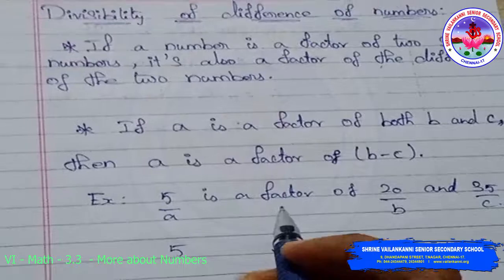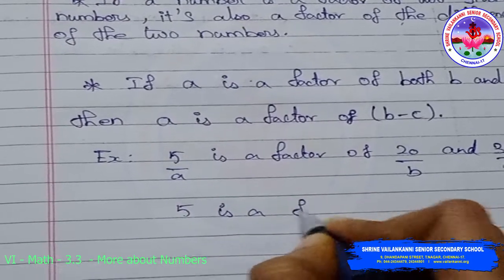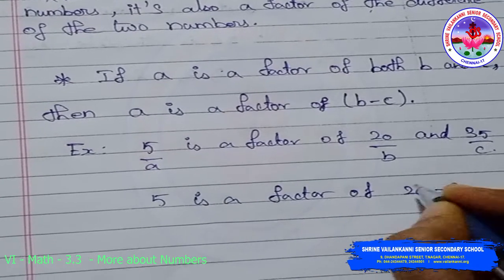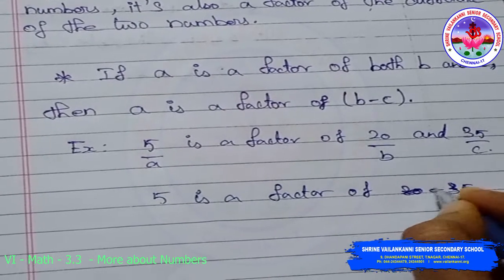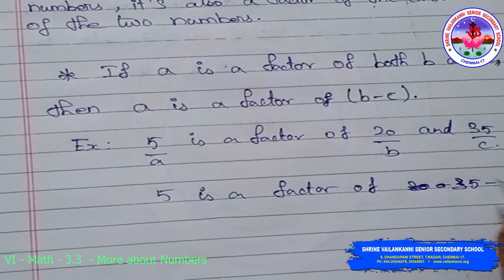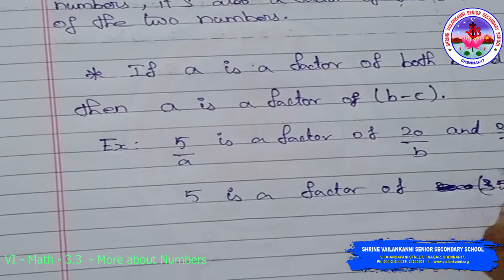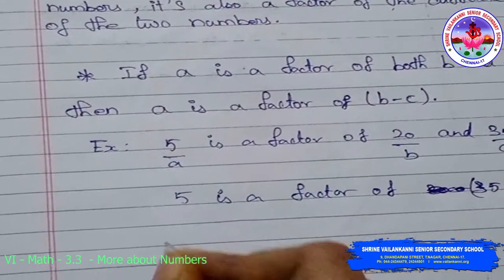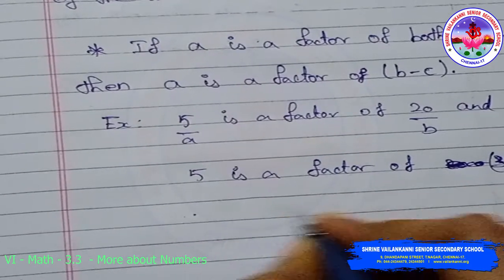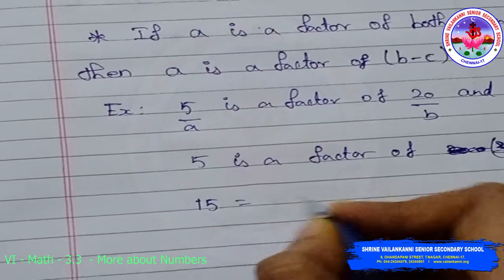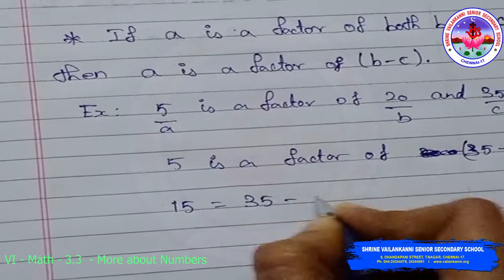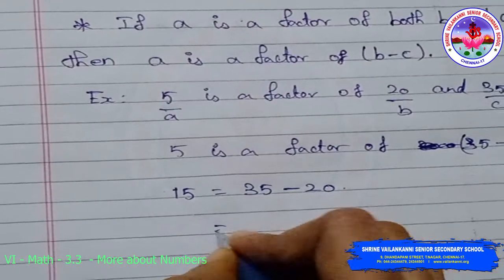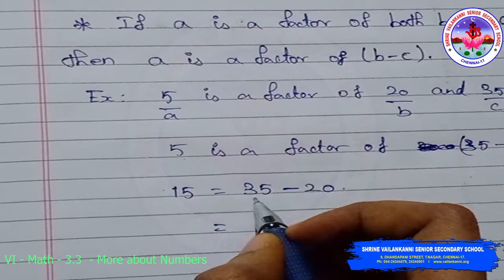Here 5 is a factor of 35 minus 20, because the difference is an integer, so you can exchange the values. That is 15. 15 is equal to 35 minus 20. 35, the factor is 5, so you can divide 35 by 5.